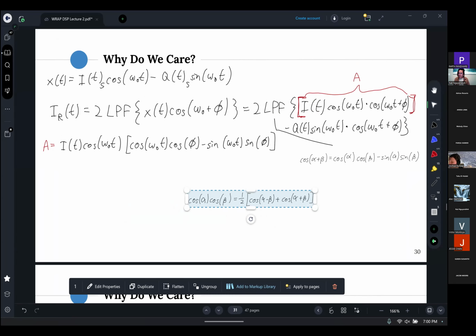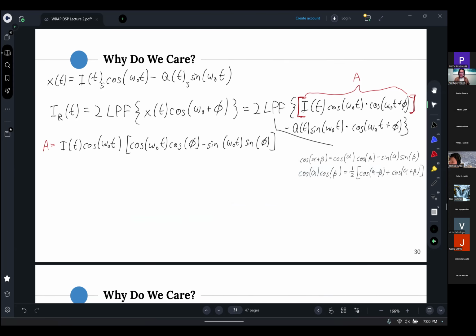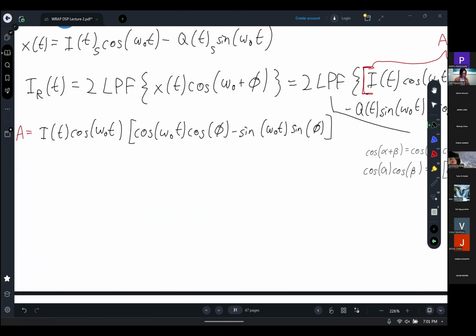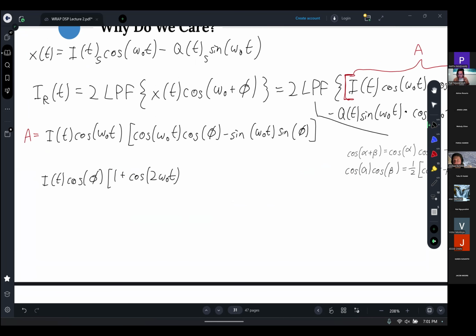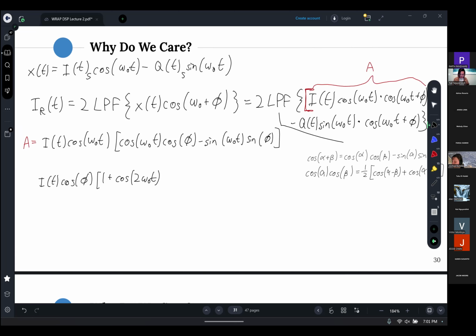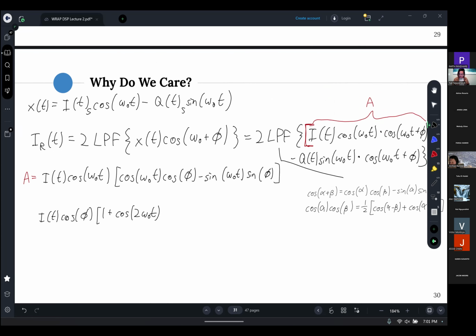This is a rule that we used in the previous lecture. When I have these two cosines multiplied together, that's going to give me I of t cosine, and that's going to be 1 plus cosine of the frequency, and then I'm going to get... wait, I wrote this backwards.